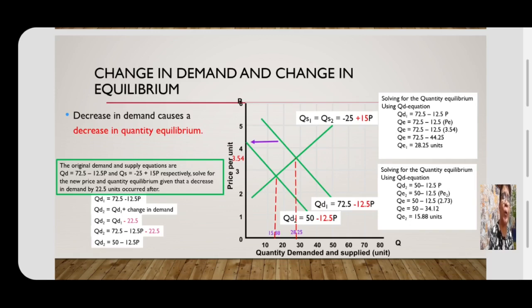To solve for the new quantity equilibrium, of course we have to use the new demand equation. And to solve for the original quantity equilibrium, we are to use our original demand equation as our reference.